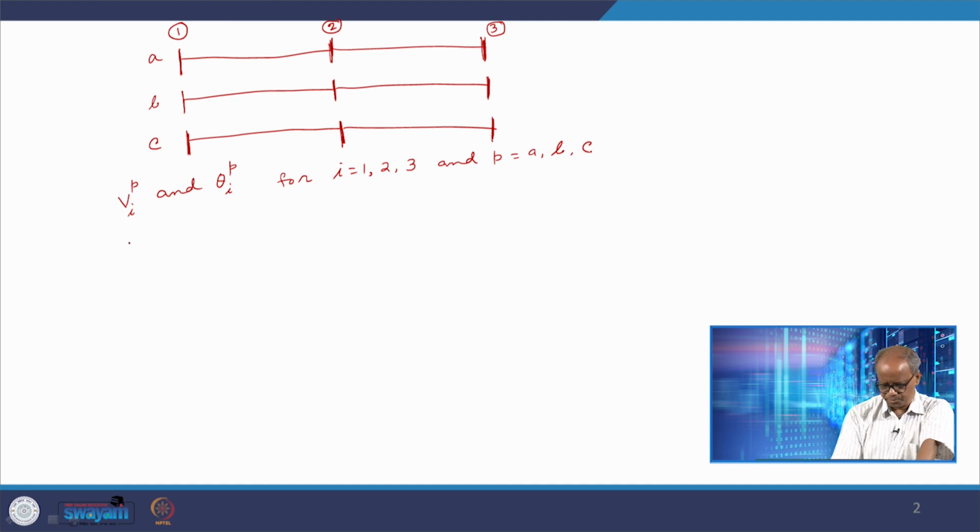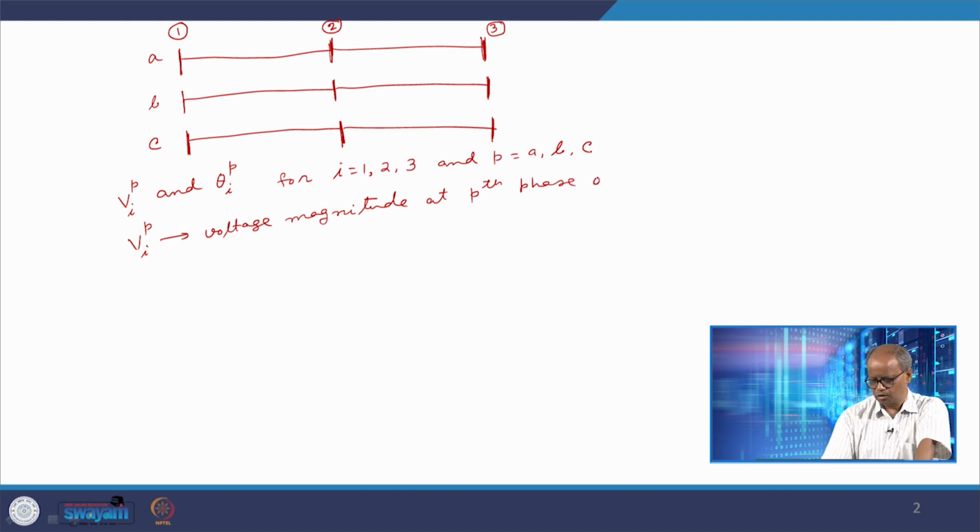What is VIP? We already know it, but anyway, it is the voltage magnitude at pth phase of ith bus.